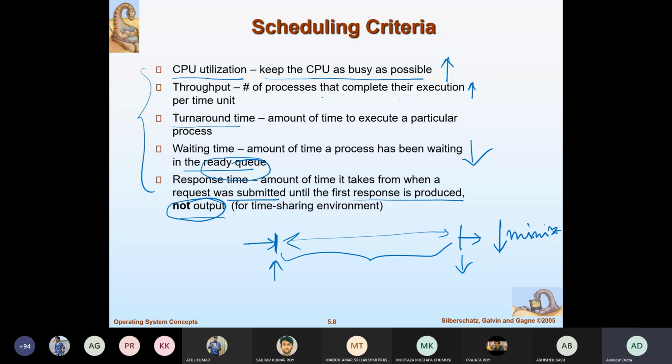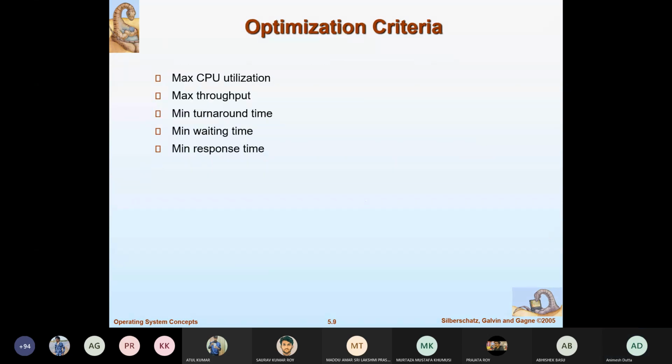it takes for throughput, or turnaround time, or waiting time, response time. So these are the criteria through which you can evaluate your algorithm. Maximization of CPU utilization, maximization of throughput, minimization of turnaround time, minimization of waiting time, minimization of response time.